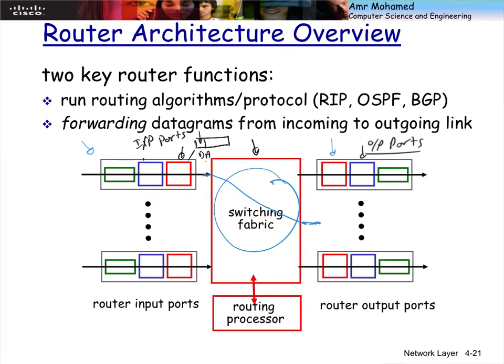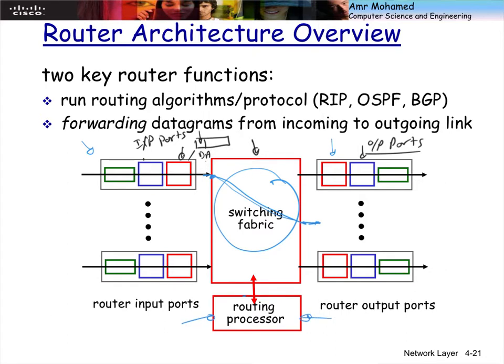And then the main brain of this router architecture is what we call the routing processor. In the routing processor, we have the embedded software. This embedded software is where all the intelligence is. So this routing processor controls this hardware to say the packet needs to go from this input port to this output port. That decision is made here.